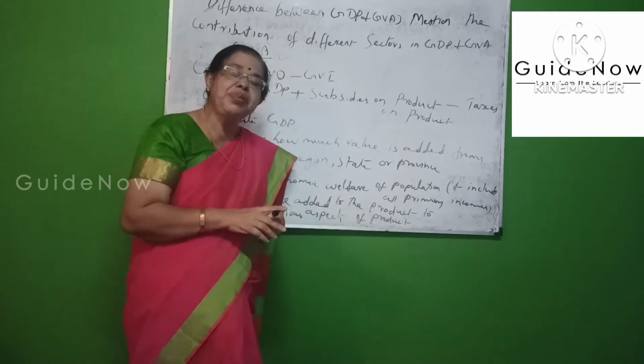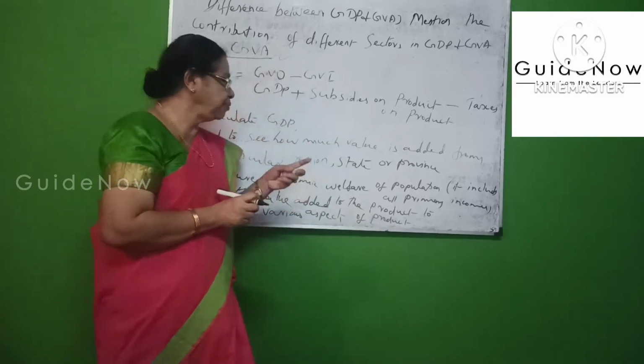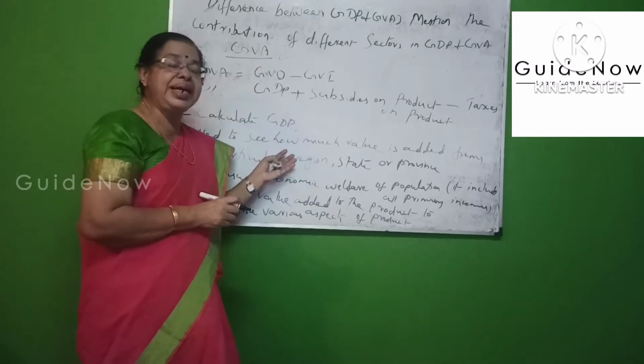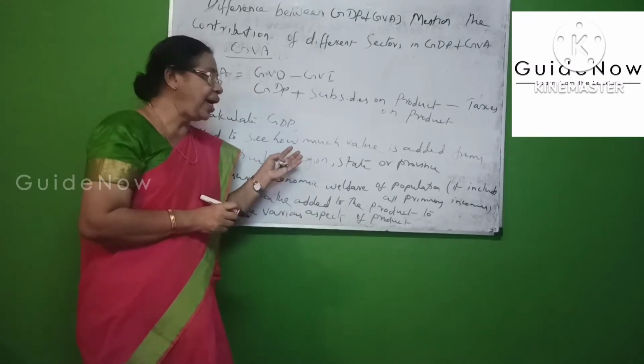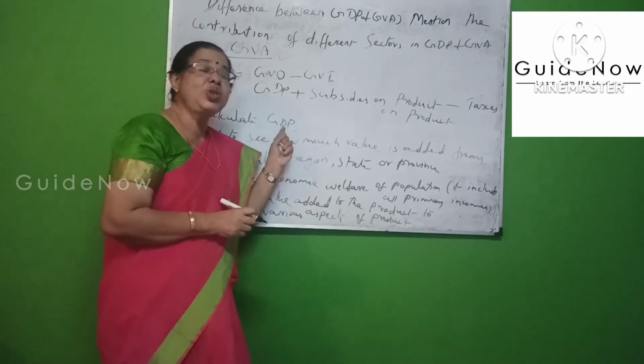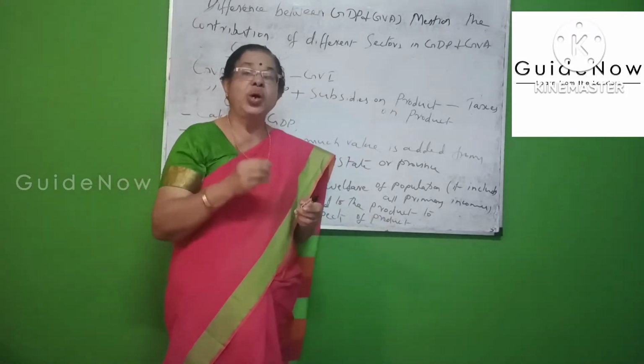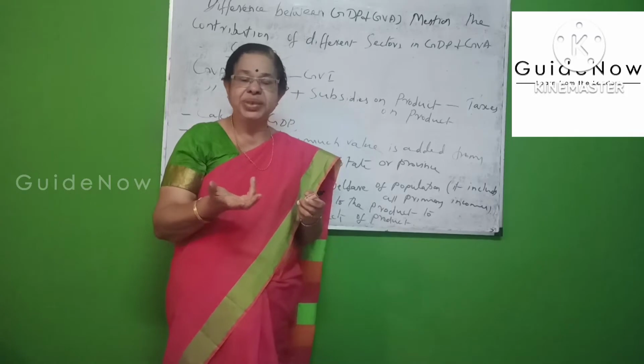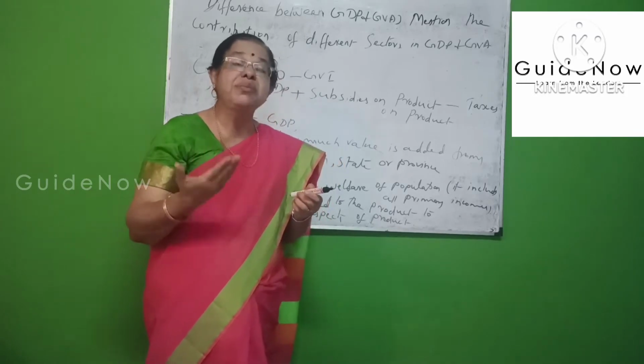So what is the purpose of gross value added? Then what is the meaning and definition of gross value added? The main use or purpose is that gross value added is used to calculate GDP, gross domestic product.